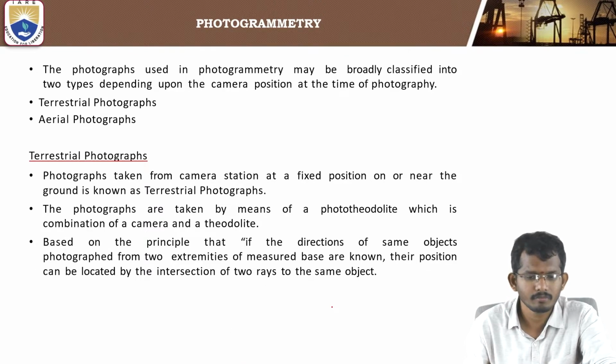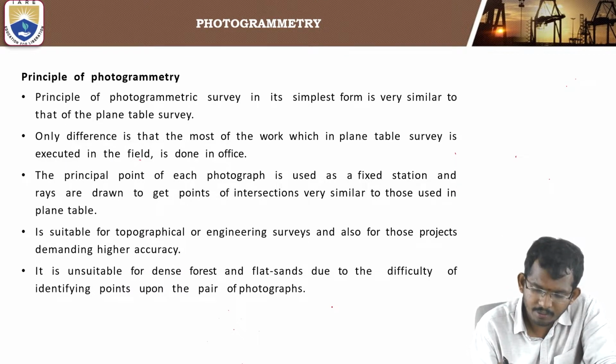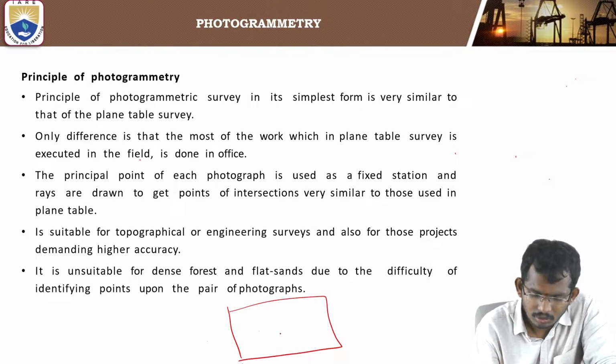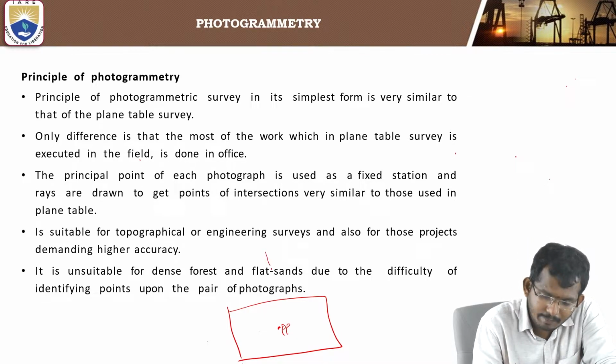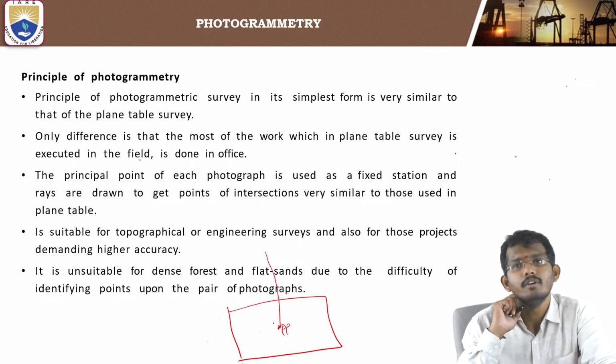Okay. Suppose you take a photograph like this. This center point I'm calling PP, the principal point on the photograph. This principal point is where the line passing from the camera axis falls on the photograph.